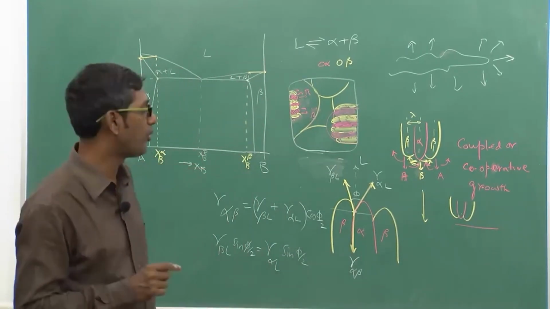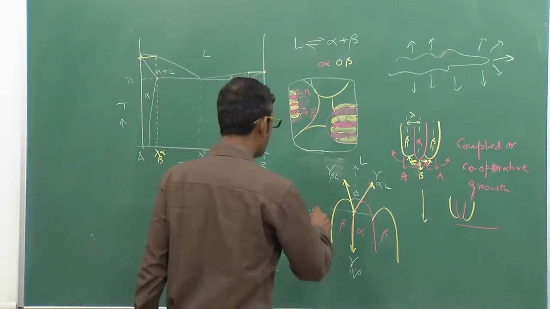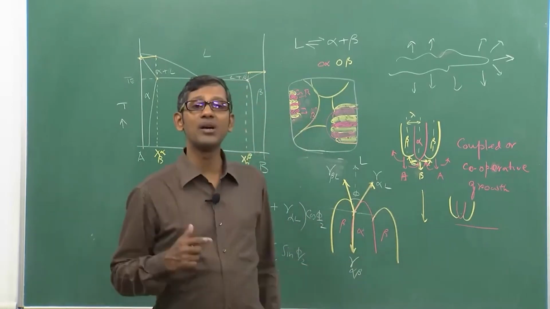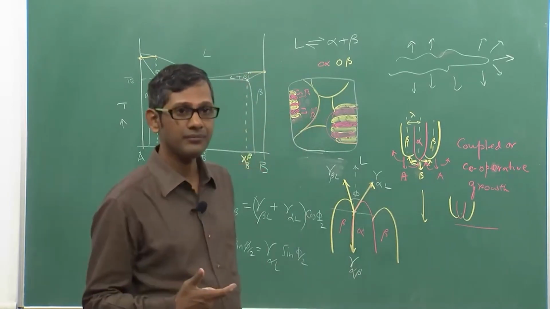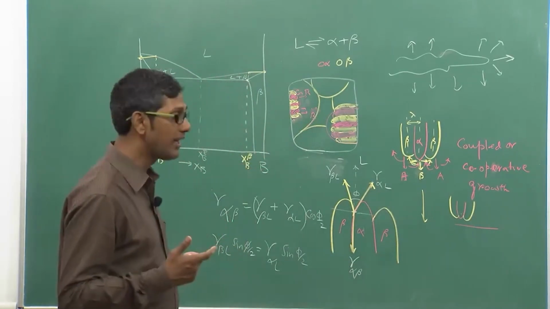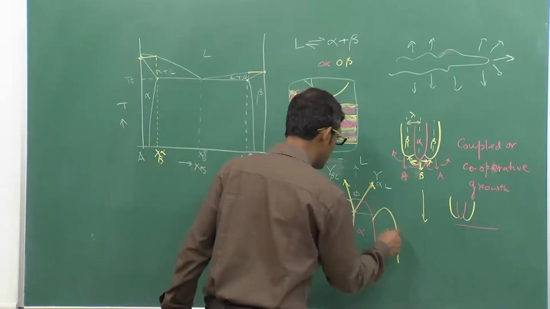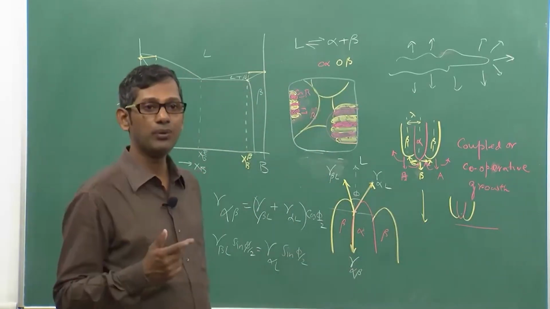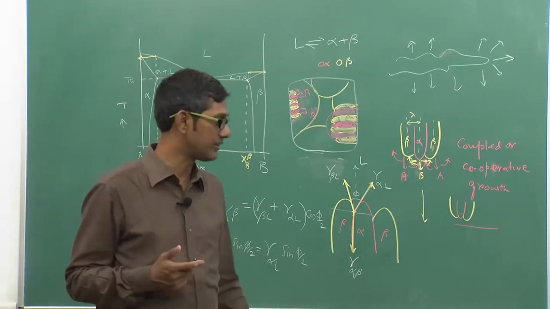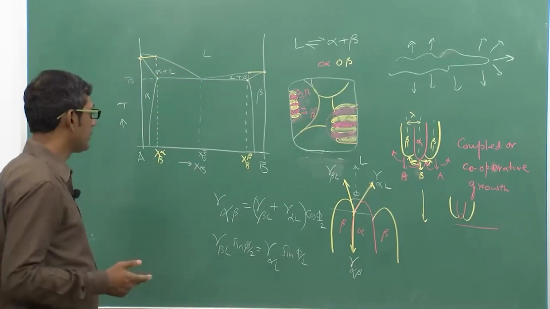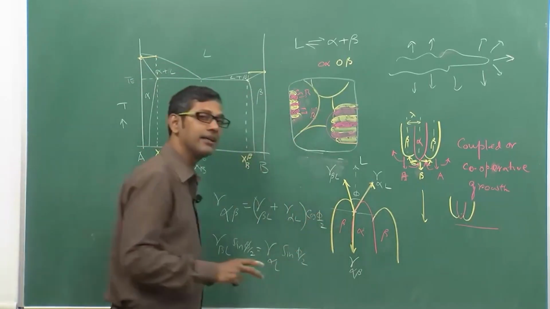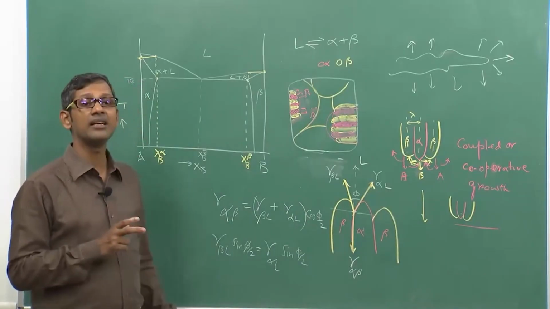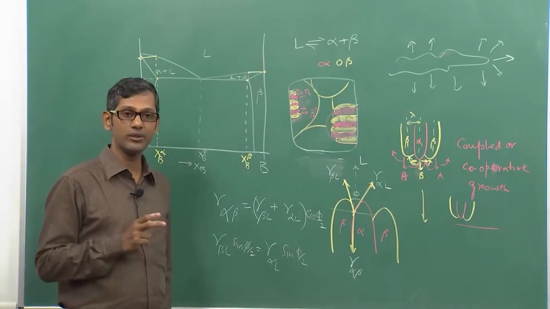That is very important, because the shape of the interface tells you what the interfacial area is. And remember, the interfacial area multiplied by the interfacial energy is what governs the driving force for solidification. Anyway, this is what happens in lamellar eutectic growth.